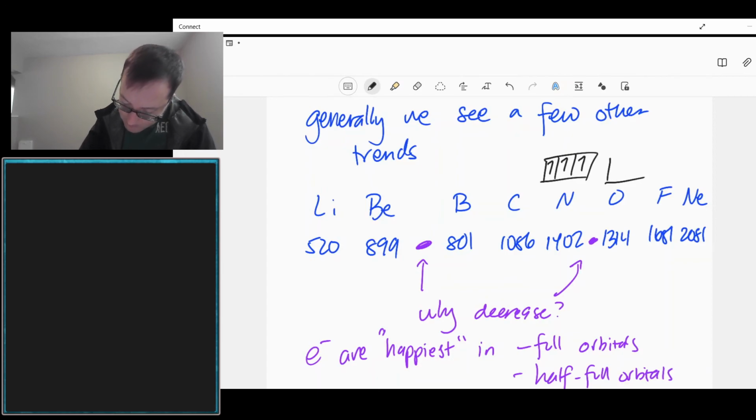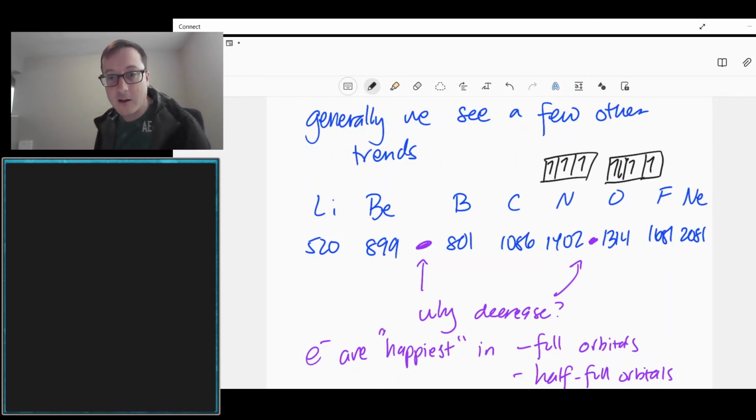Yep, okay. Make it a little bit bigger. Oxygen, if we lose one electron from oxygen, it now will have a half-filled orbital. Its p orbital will be half full. That's a happy state. Electrons like that. They like to be in half-full orbitals or empty ones.